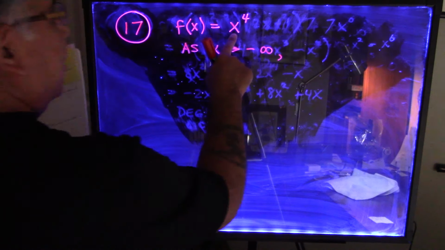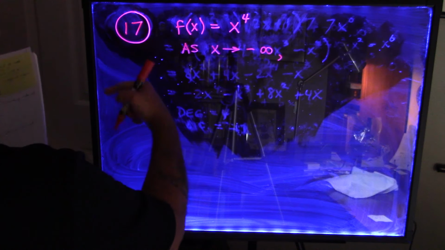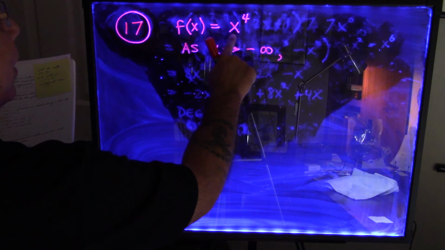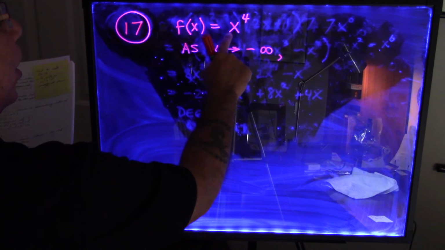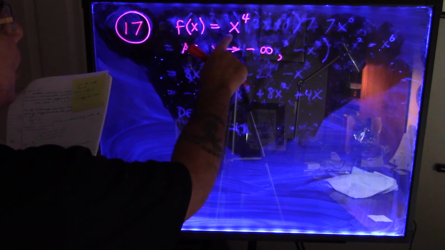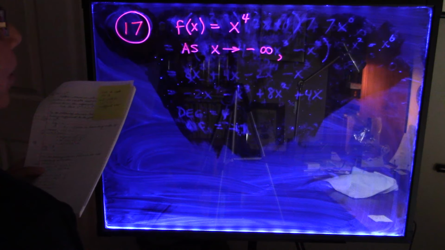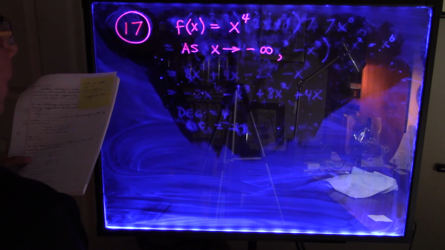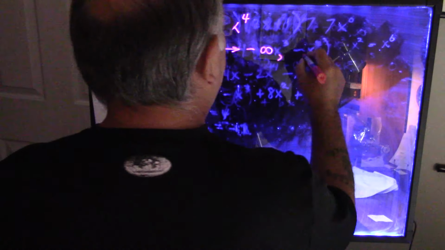Plug in negative numbers here and keep going to the left on the x-axis or the number line. All right, the even power will always make that a positive result. After you raise a negative number to an even power, you're always going to get something positive. So f of x will go to positive infinity.